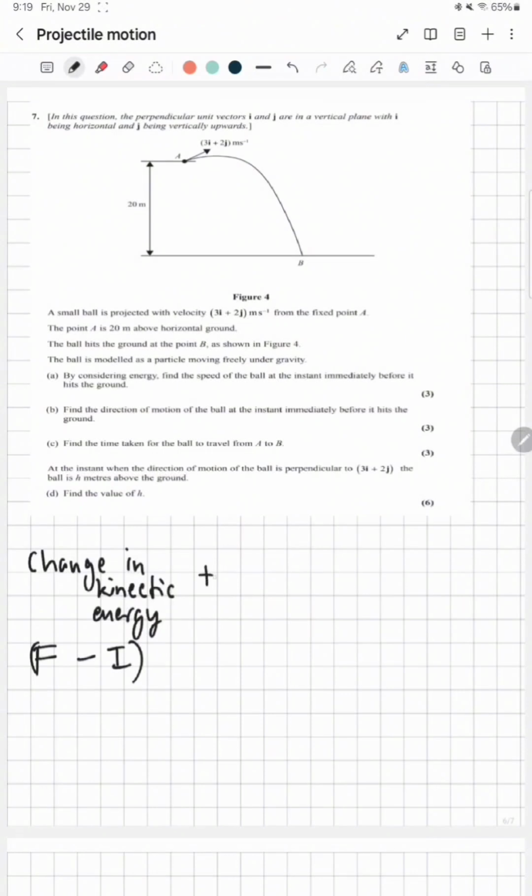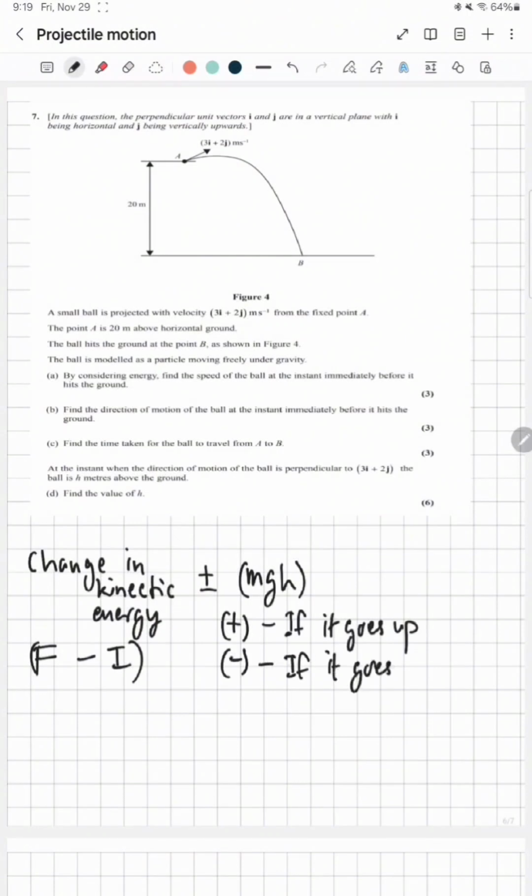I'm going to write this as plus or minus mgh. It's plus if it goes up, and it's minus if it goes down.